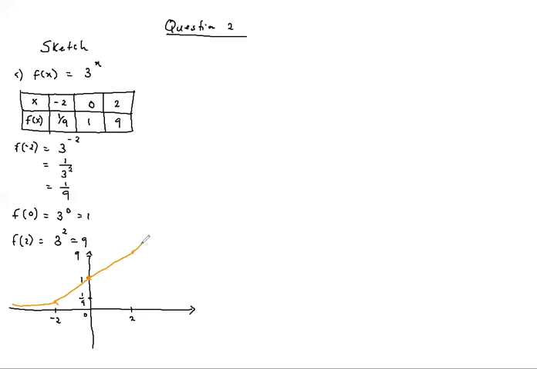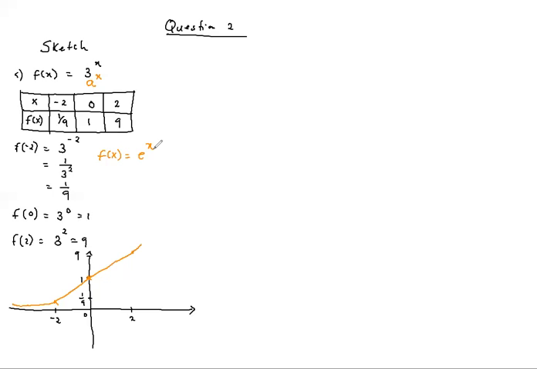Now, when you sketch 3 to the power x, what you're saying is that you have sketched a to the power x, where a is a positive number. The next time they'll ask you to sketch the graph of f of x is equal to e to the power x, you just draw this very graph.